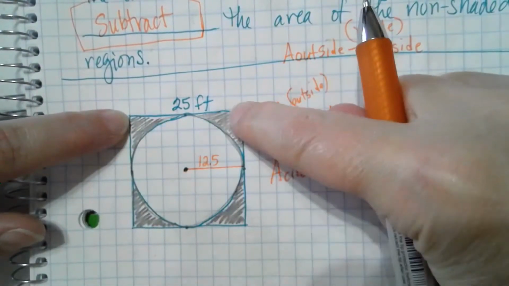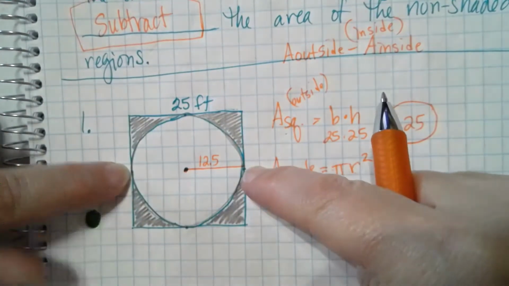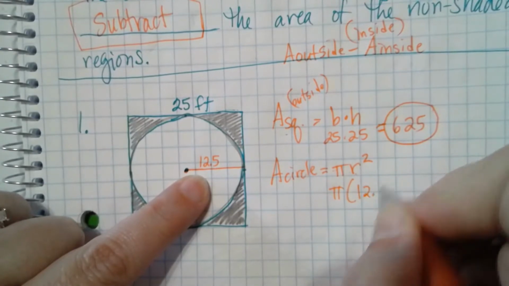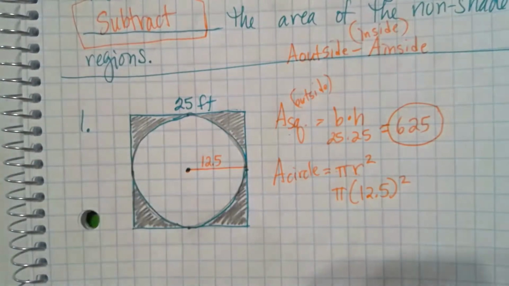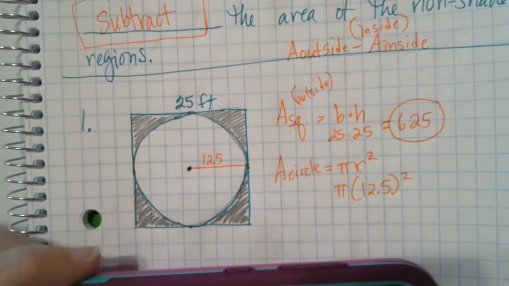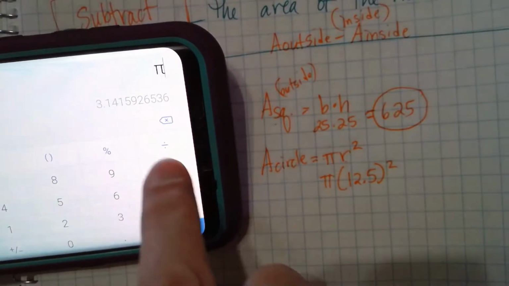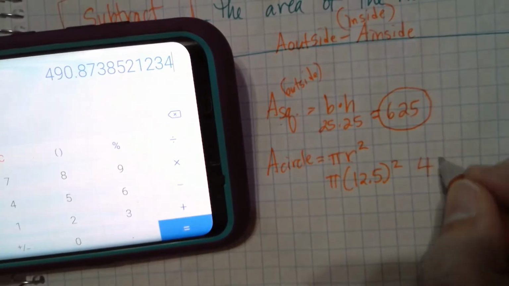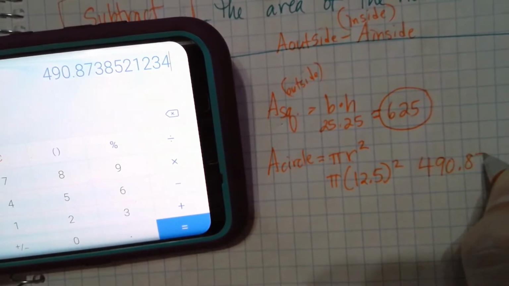This would be our diameter all the way across the middle of our circle, so the radius is going to be 12.5. Pi times 12.5 squared is 490.87.